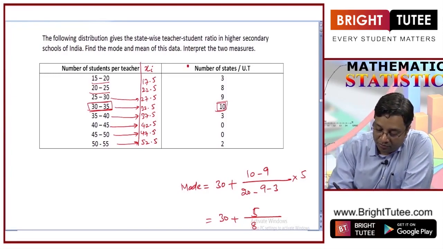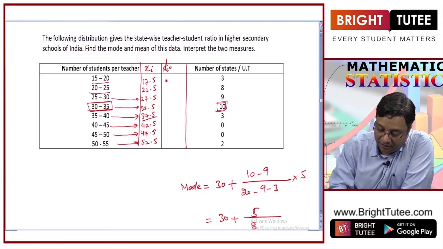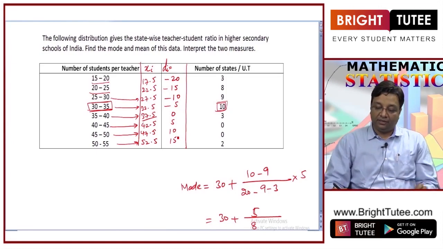If I assume a certain mean, I can calculate di also. Let us assume 37.5 as our mean. So it will give us minus 20 here, right. 22.5 minus 37.5 will give us minus 15. So it will give us minus 10, minus 5, 0, 5, 10 and 15, right.